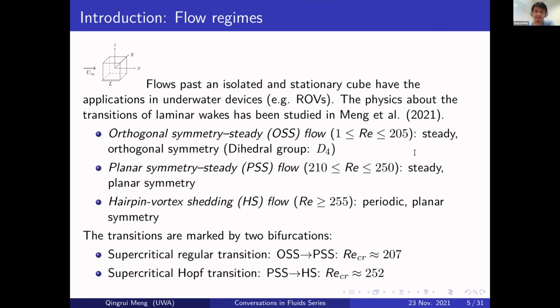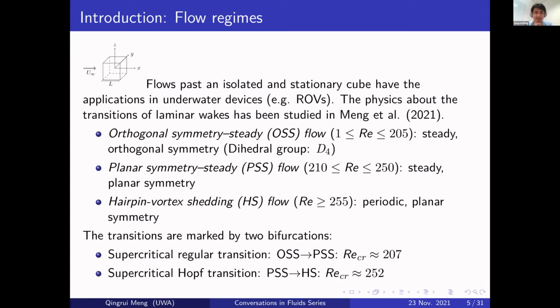The OSS flow is short for orthogonal symmetry steady flow, because the flow is steady and has an orthogonal symmetry. If you are familiar with group theory, people normally use the dihedral group D4 to describe this kind of symmetry. As the Reynolds number increases slightly, the flow transits to a planar symmetry steady flow, which is still steady, so we call it the PSS flow.